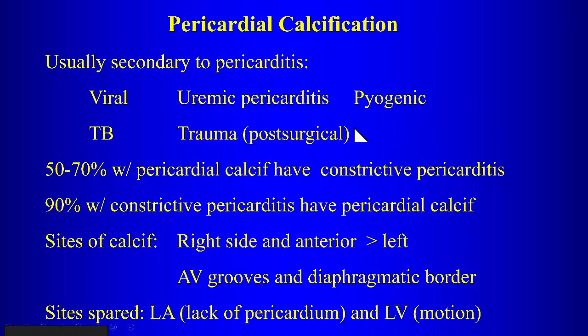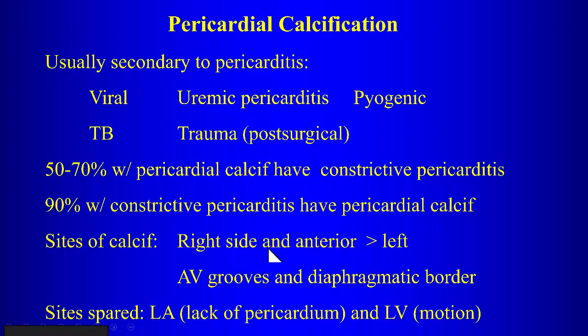In this country, post-surgical is also a common cause of constrictive pericarditis. So 50 to 70% with pericardial calcifications will have constrictive pericarditis, and 90% with constrictive pericarditis will have pericardial calcification. So it's an important finding. If you note it, then you might want to recommend echocardiography for that patient.